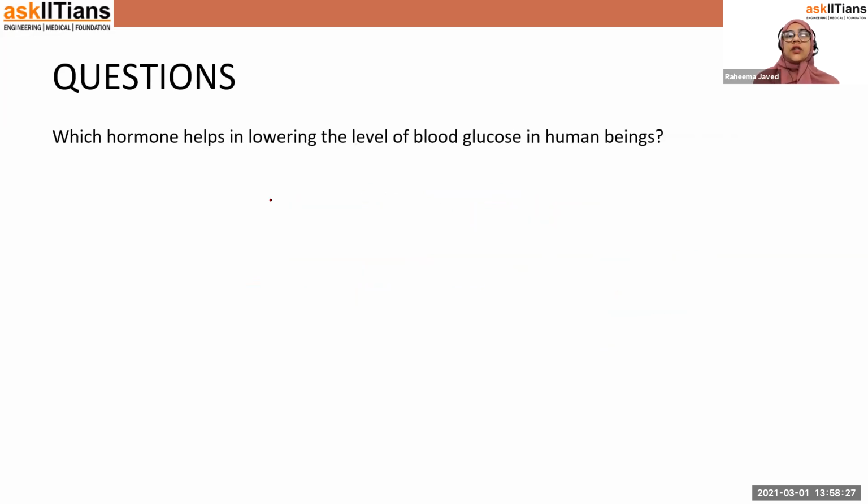Next, which hormone helps in lowering the level of blood glucose in human beings? It is insulin, which is secreted from the pancreas.